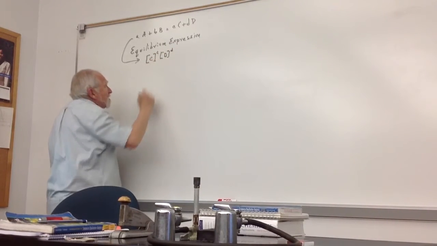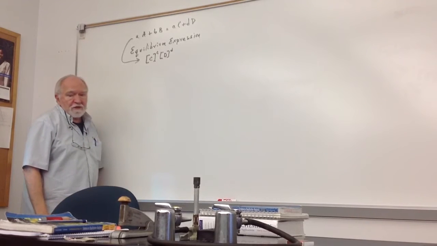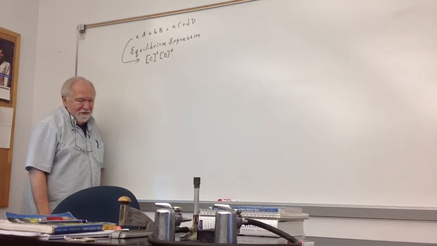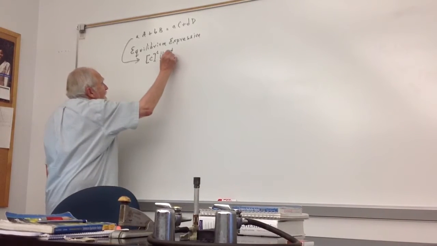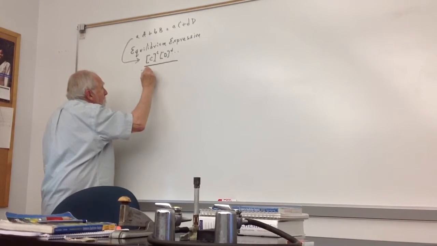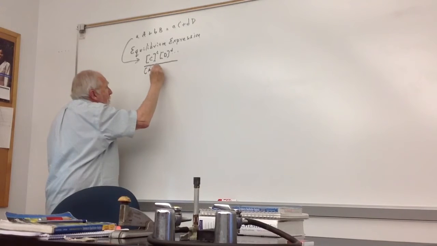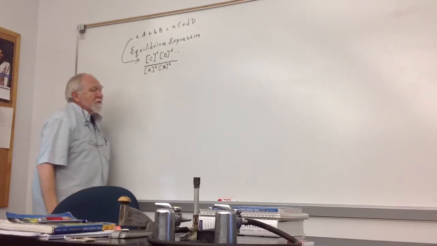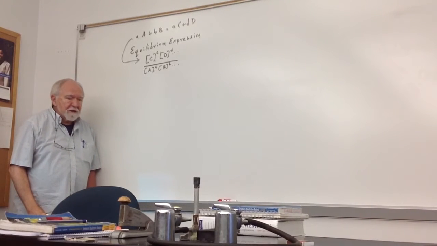No plus signs in here, it's multiplications. You're always doing multiplications. Raising things to a power is essentially multiplying a bunch of times together. Okay? Anything else on the product side goes in there. Then you're dividing by anything on the reactant side, which goes in the denominator.